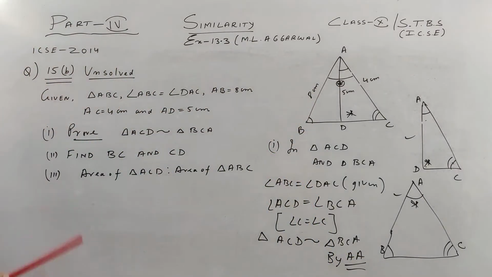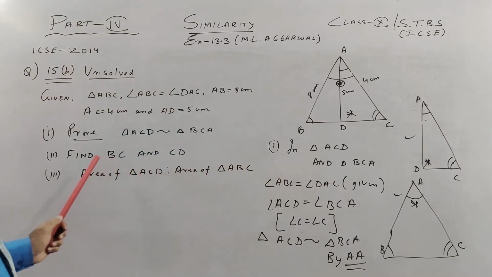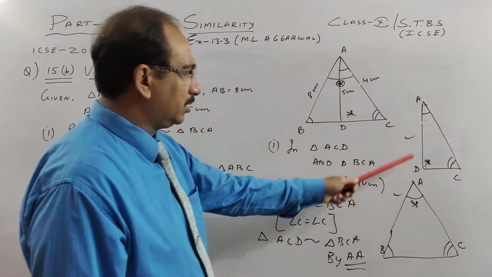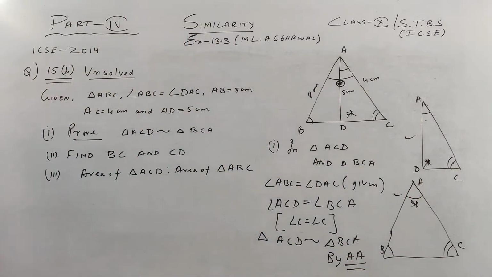Now children, see second part, we have to find BC. So it's very important how we solve for BC and CD. See here what we do in these two similar triangles. First there will be 3 pairs. Okay, so let us write down the values now. You see what is given.